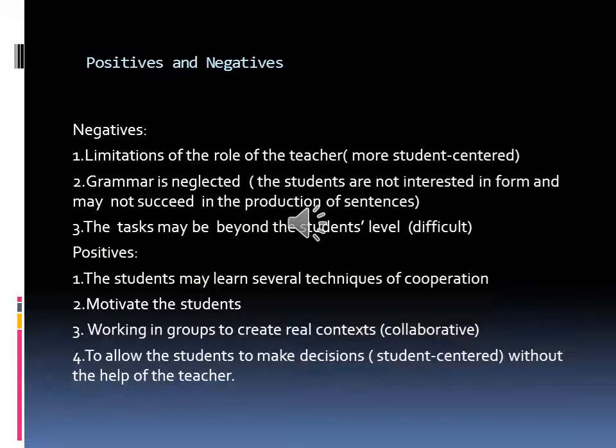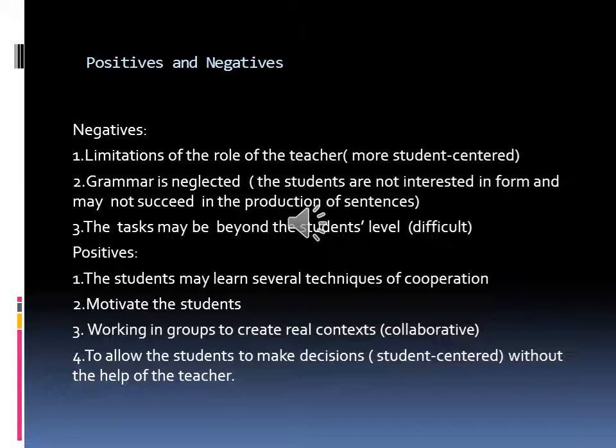Let's talk about the positives and negatives of the task-based syllabus. When I say positives and negatives, I'm talking about the advantages and disadvantages of the task-based syllabus. Well, the negatives, first of all: limitations of the role of the teacher, more student-centered. Grammar is neglected.